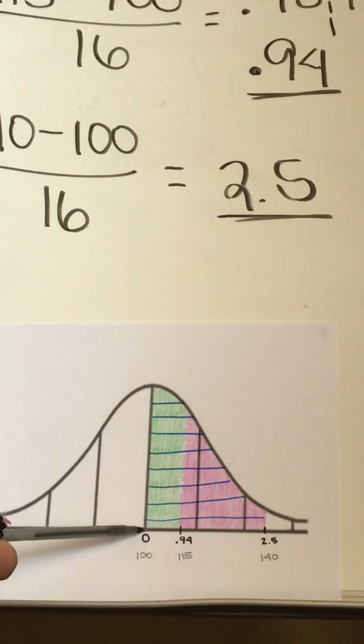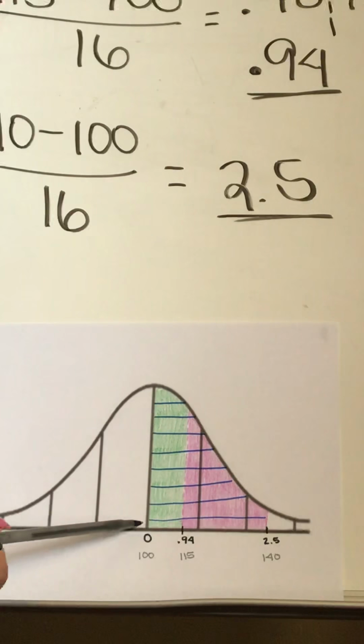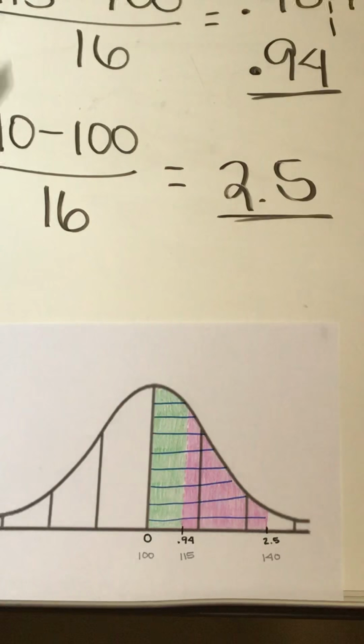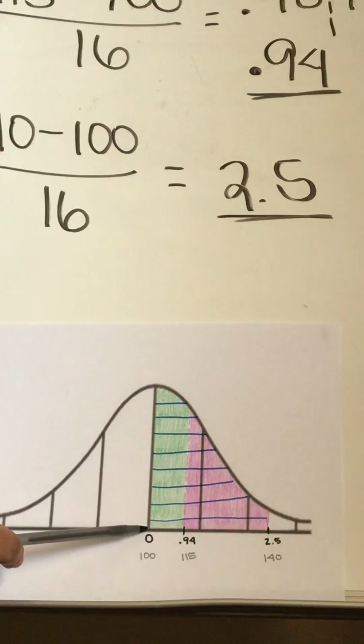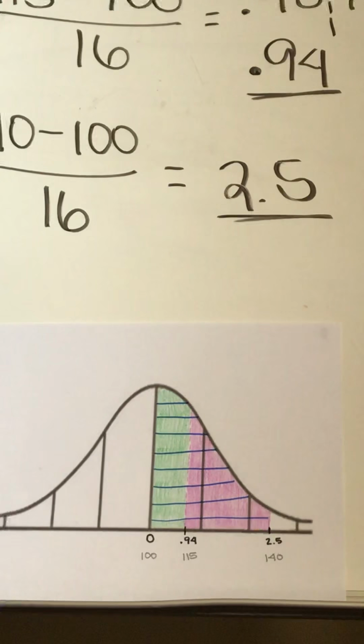That measurement would consist of what I need and what I don't need. I don't need that green piece. However, that's a measurement between mean and z for 0.94, which is on your chart.